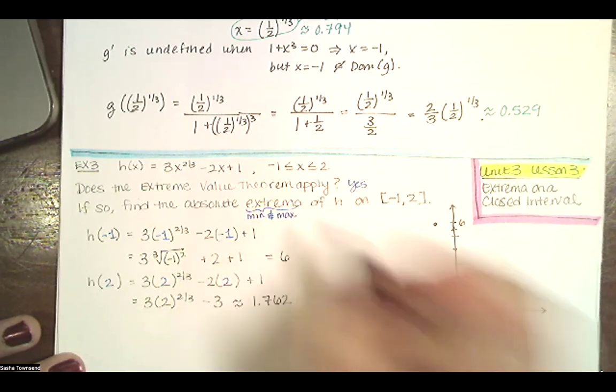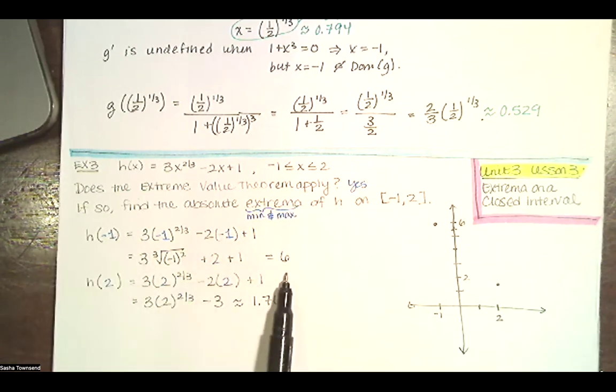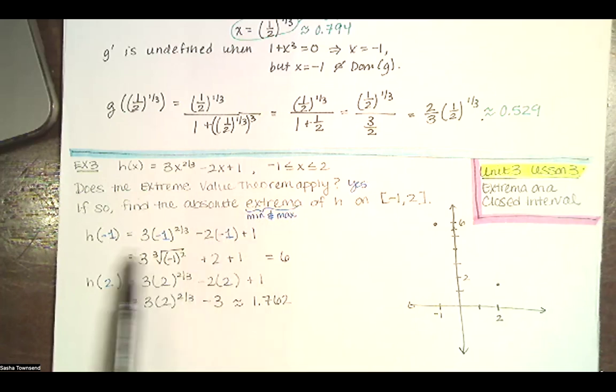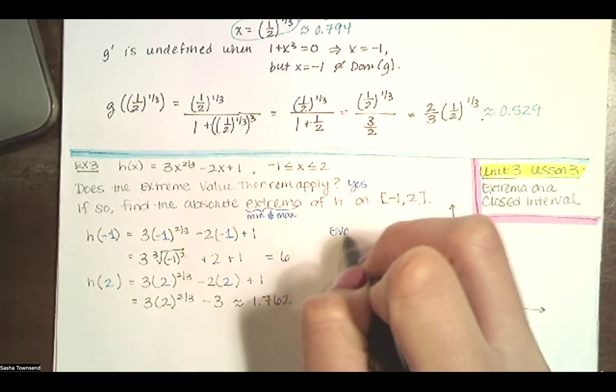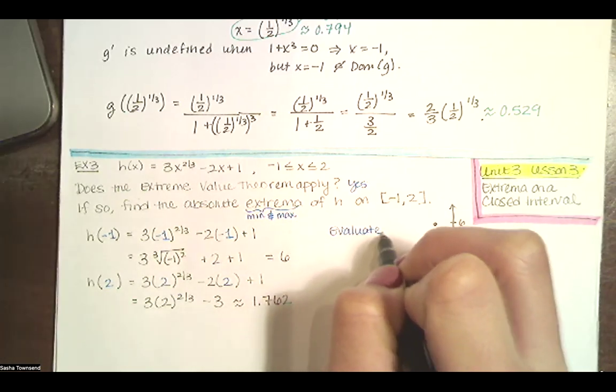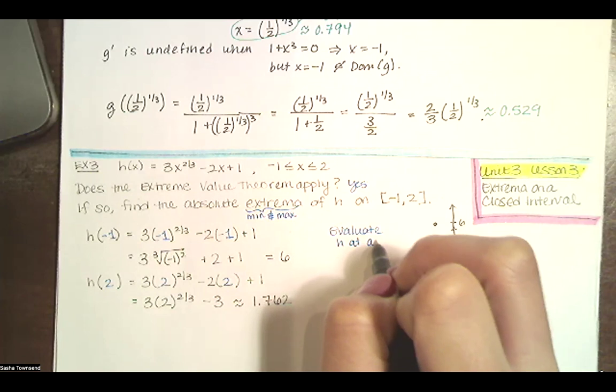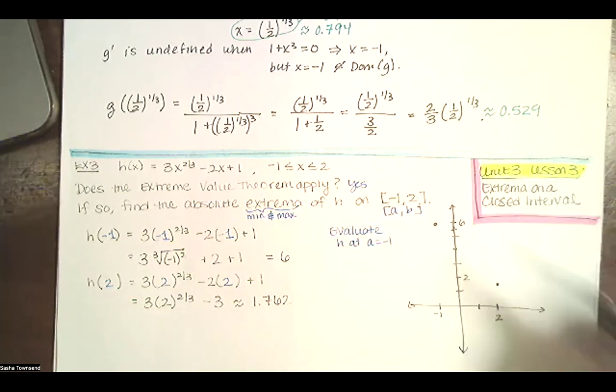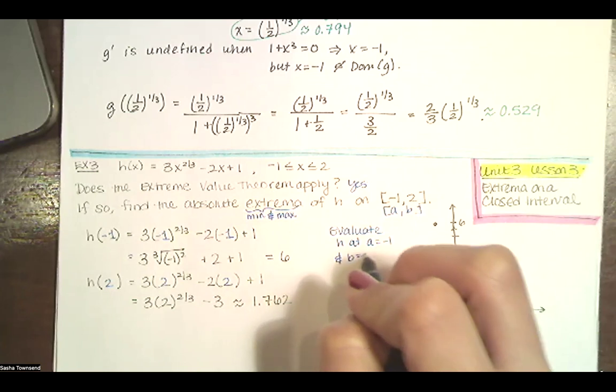So we want the min and the max. We know the way we find the absolute min and the absolute max is we evaluate the function at the endpoints. We traditionally call this the interval from a to b. So then a equals -1 and b equals 2.